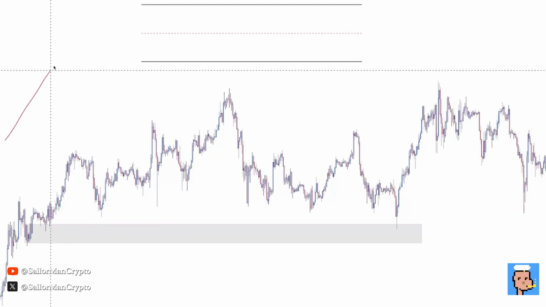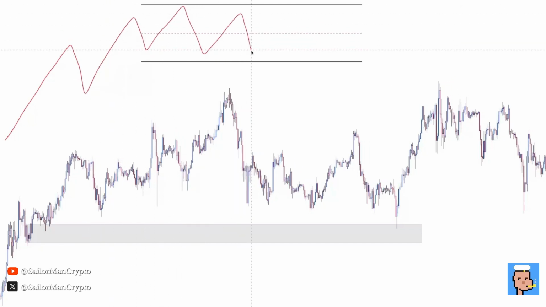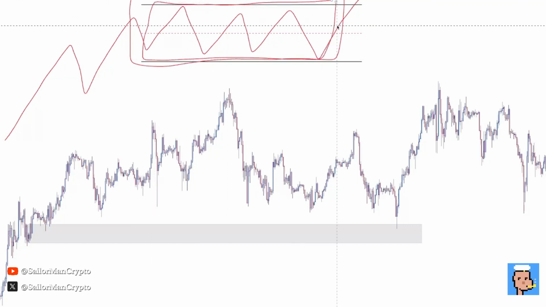If we have an uptrend, price starts to consolidate in a range and this range breaks to the upside, it means that this range was a reaccumulation range. The market maker ranged here a little bit just to accumulate more to move the price higher, so it's a continuation range.